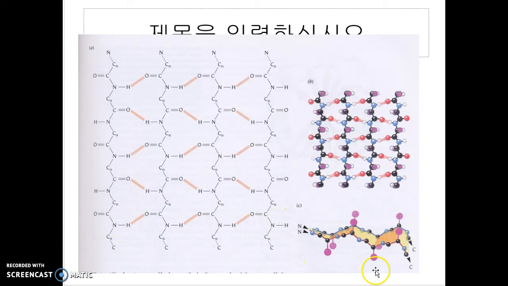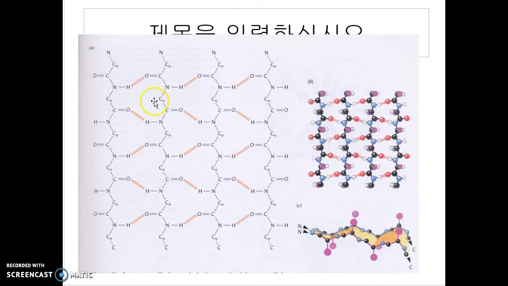As you see in this structure, again, the overall structure is very similar to the parallel and antiparallel beta pleated sheet. Main chains form a pleated sheet, while the side chains in pink color alternate up and down, up, something like that.